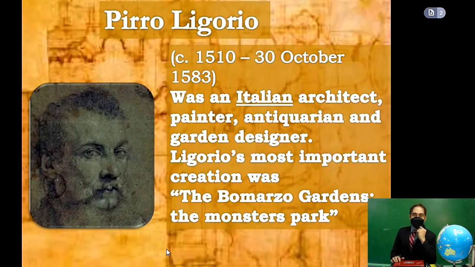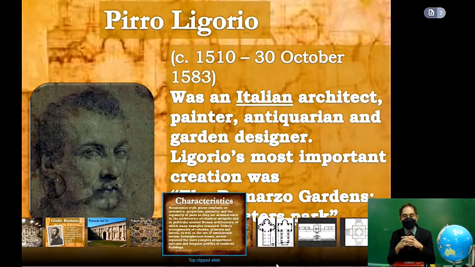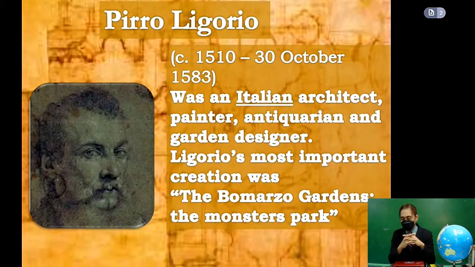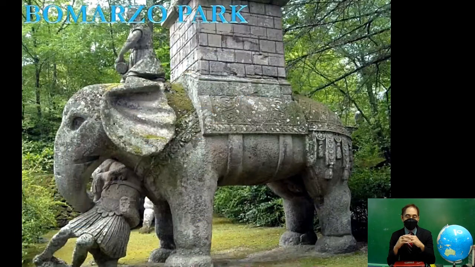Ligorio's most important creation was the Bomarzo Gardens, the Monsters Park. So he is really a landscape artist because his greatest works were the gardens, the Bomarzo and the Monsters Park. So here's the Bomarzo Park.